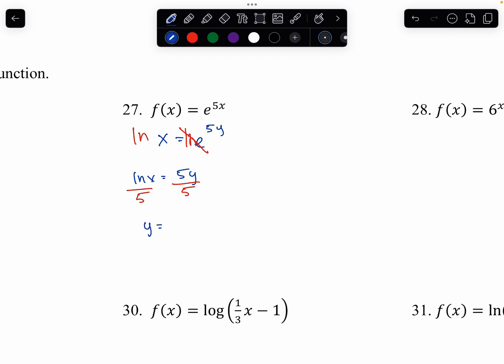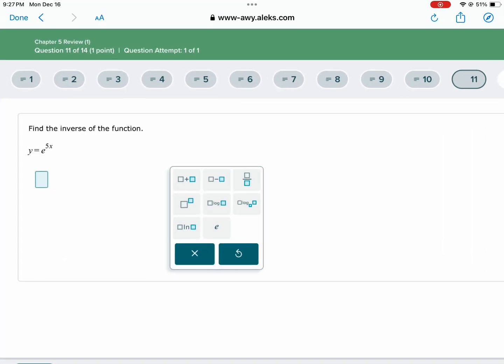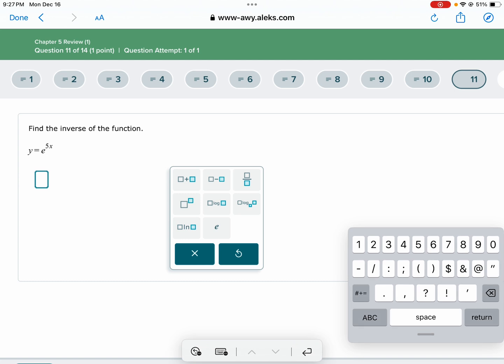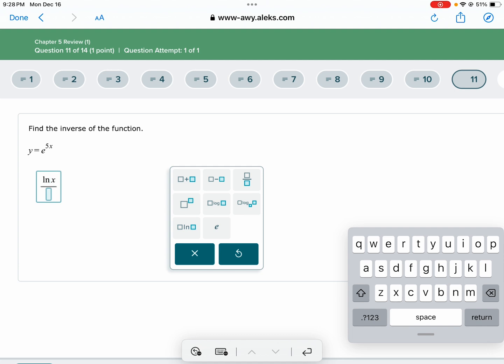So I'll get y is equal to the natural log of x divided by 5. So then in here, make sure you use the fraction button, so that's the top right button. And then we can press the natural log button, which is the bottom left. So natural log of x, and then in the denominator, we'll put in 5.